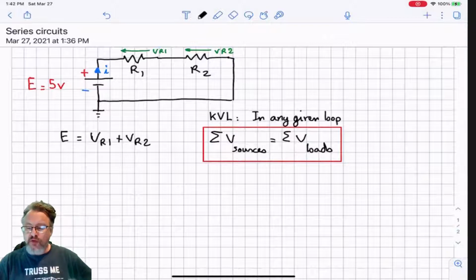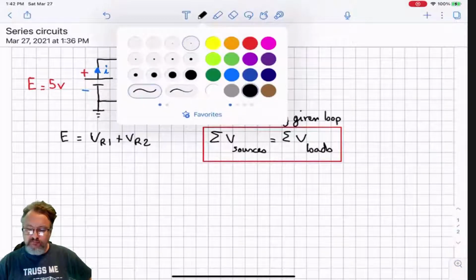What is a loop? Well, a loop is essentially part of the circuit where the electricity does not have the option of leaving that part of the circuit.